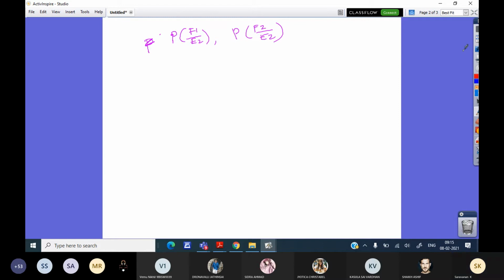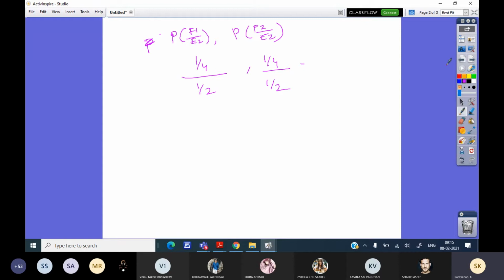So I know the probability of F1 is 1 by 4, and the probability of E2 is 1 by 2. So I'm going to find this ratio, 1 by 4 and 1 by 2. What is this value, anyone? 1 by 2, sir. Yeah, 1 by 2. So it is 1 by 2 and 1 by 2.